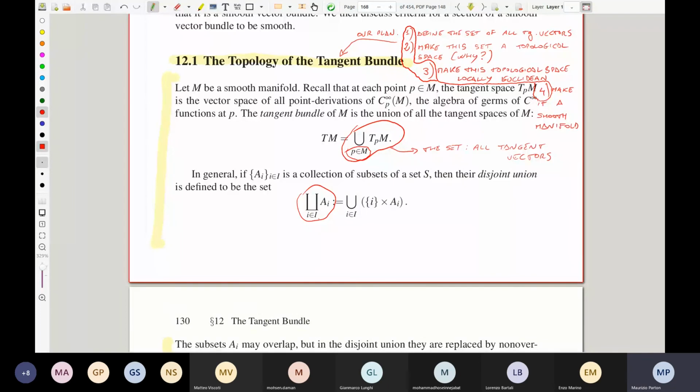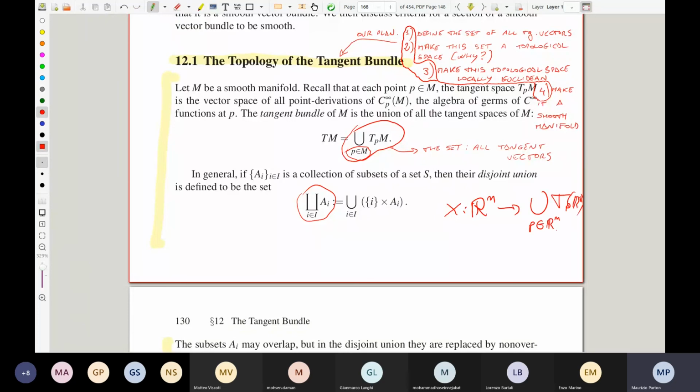Well, you remember that a vector field is a map from Rn into the union, for p in Rn, of the tangent spaces to Rn.